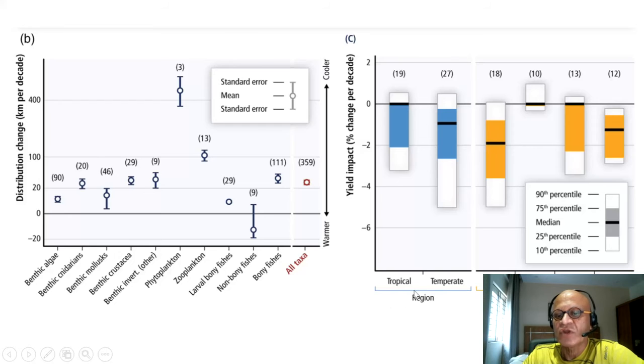So here you have tropical and temperate regions, and crops considered are wheat, soy, rice and maize. You can see that, other than soy, everybody else is having a negative impact on yield change, by region or by crop.